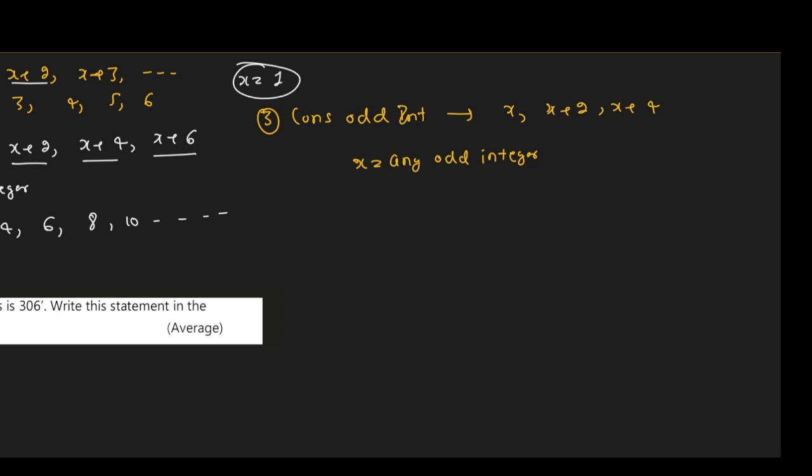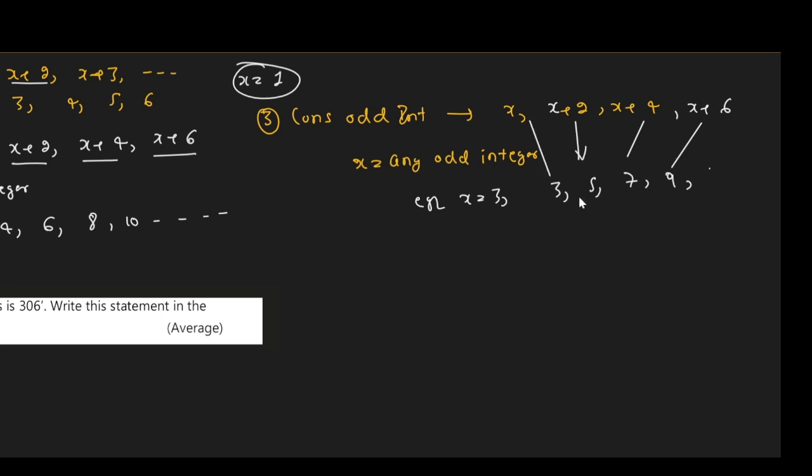You can take any positive odd number. So if I take, for example, x is equal to 3 and substitute in this series, 3 plus 2 is 5, 3 plus 4 is 7, and x plus 6, 3 plus 6 is 9. Like that. Got it.